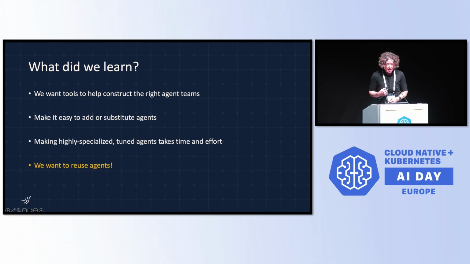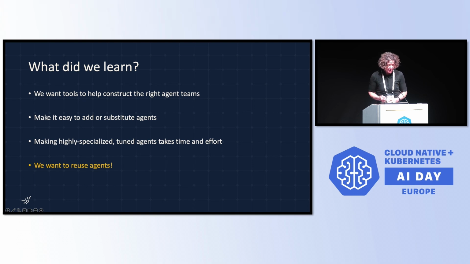We learned along the way that we needed to make it easier to add or substitute agents. So I highly recommend using a router agent or a supervisor agent and taking that hierarchy approach, because it makes it really easy to extend your system going forward. We discovered that making highly specialized, tuned agents takes a lot of time and effort.